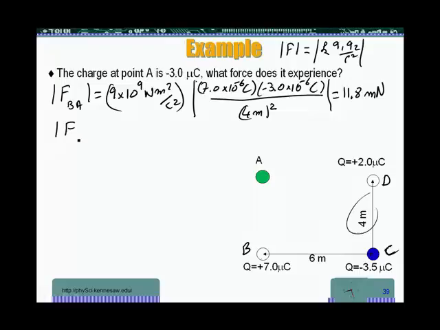Force that D exerts on A, I'll do the easier one first.